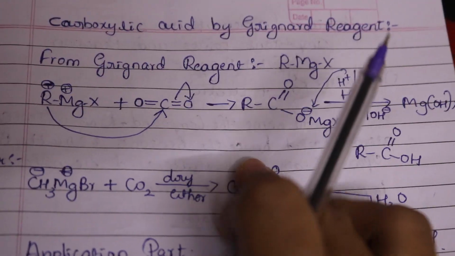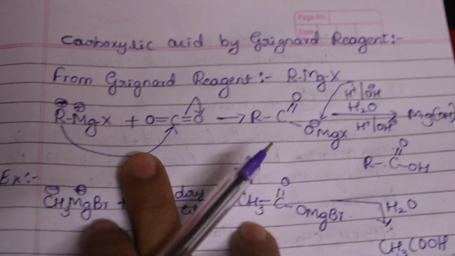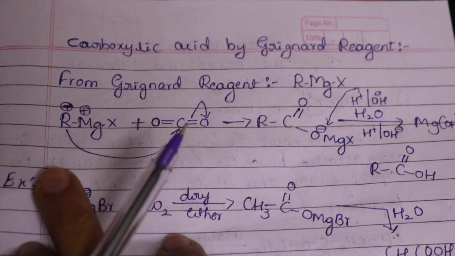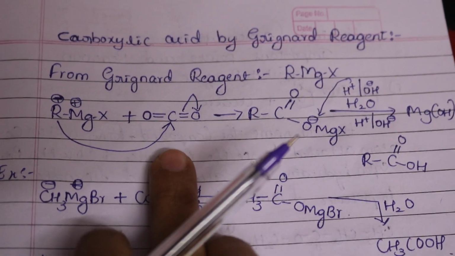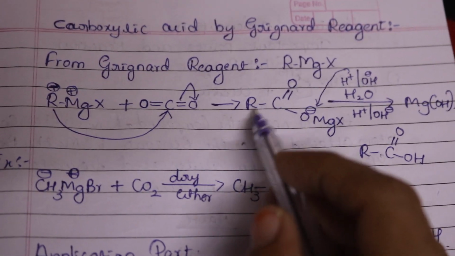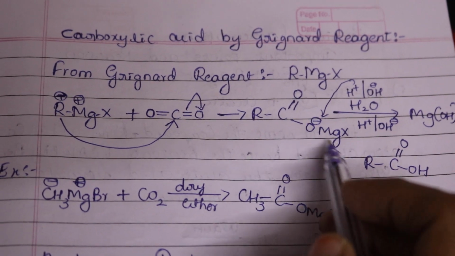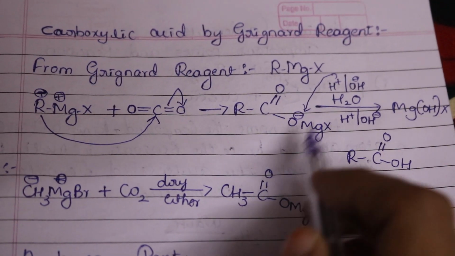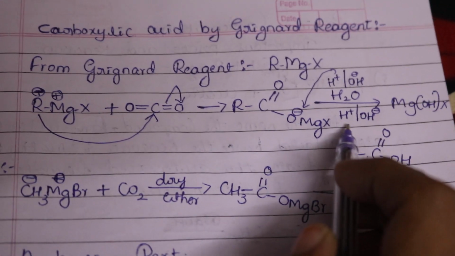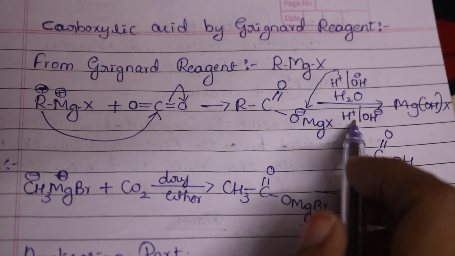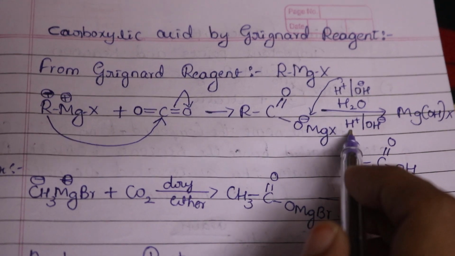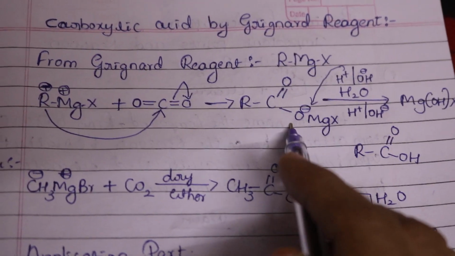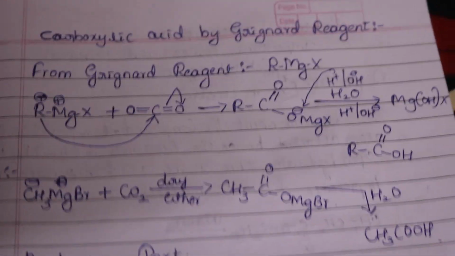In a simple way we can write this reaction: RMgX, when treated with carbon dioxide, forms RC double bond O, OMgX. When this intermediate is hydrated, that means treated with water, which we know is written as H plus and OH minus ion, the H plus is acquired by this oxygen.